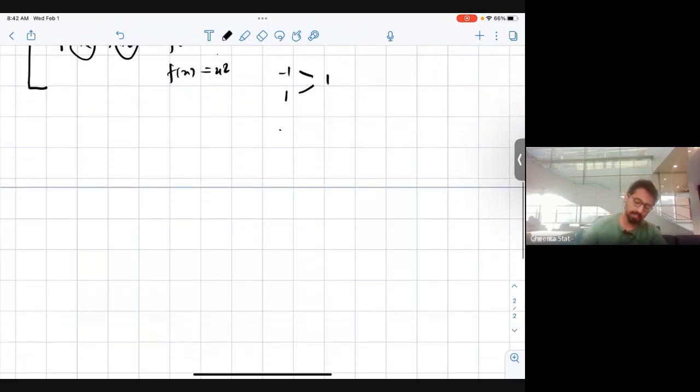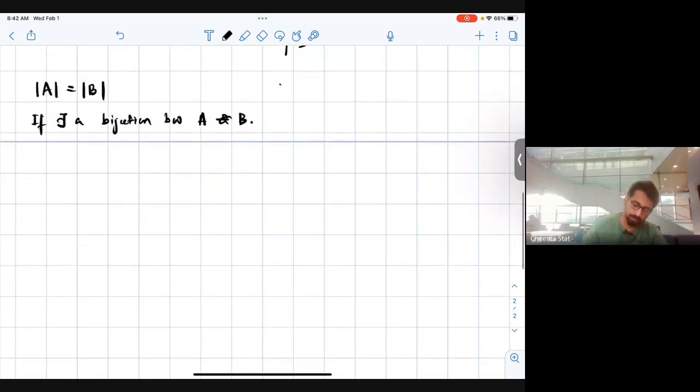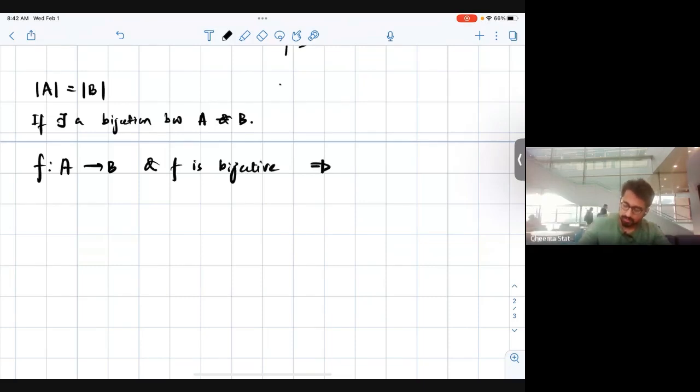So we say that mod A is equal to mod B if there exists a bijection between A and B. That means if f is a function from A to B and f is bijective, that implies the number of elements of A is equal to the number of elements of B. All of you understood this definition? This definition is very crucial.